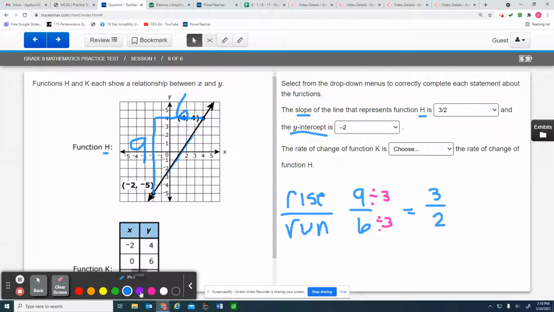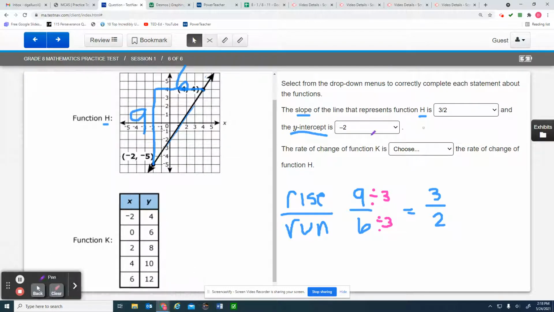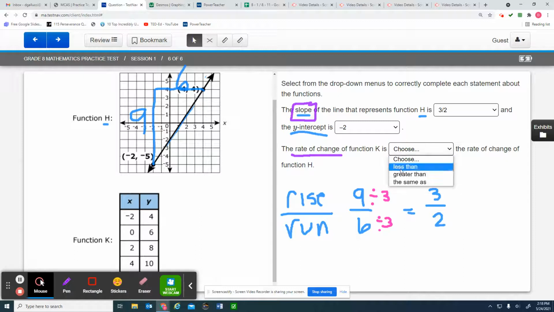Let's do purple for function k here. We're asked the rate of change, which, if you don't know, is the same as the slope. The rate of change of function k is blank the rate of change of function h. So let's look at our options here. We got less than, greater than, or the same as.